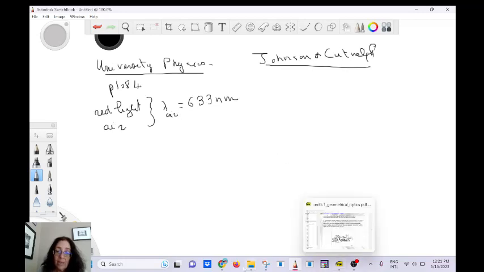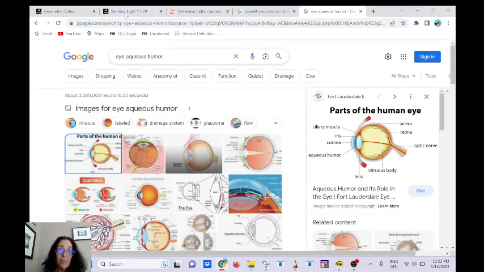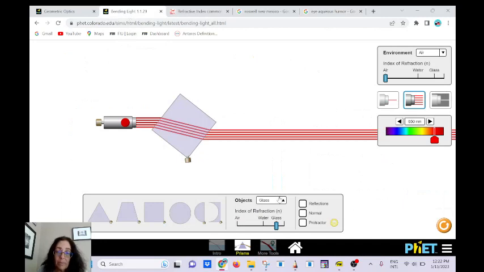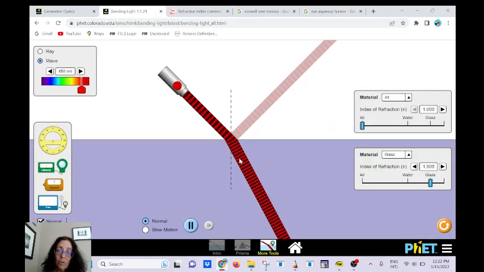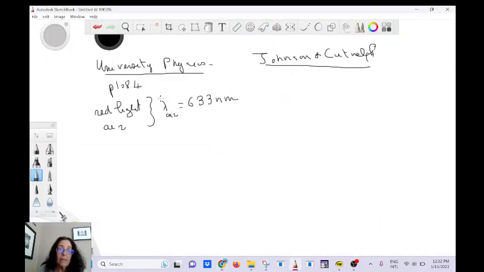What you see here is that the wavelength depends on the medium. Here you see it has a smaller wavelength in glass, larger wavelength in air. So the wavelength decreases. It's given to you that in air the wavelength is 633, but in the aqueous humor, in that liquid that is part of your eye, the wavelength is 474 nanometers.